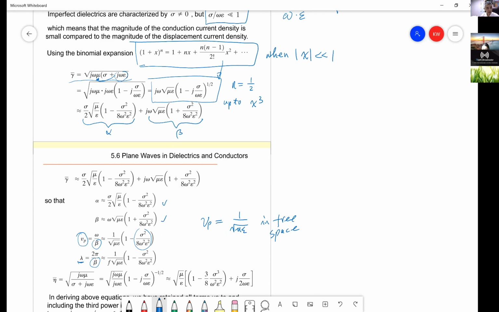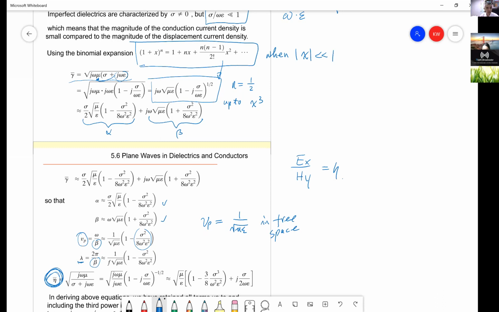A very significant thing is the wave impedance. The wave impedance is a complex number. That means the electric field and the magnetic field are no longer in phase, because Ex over Hy is this.